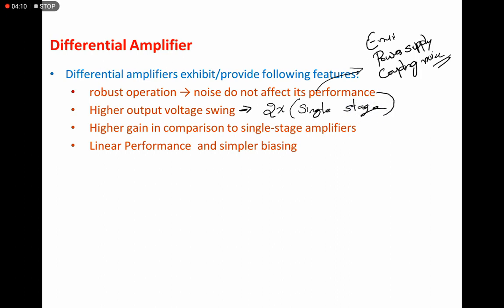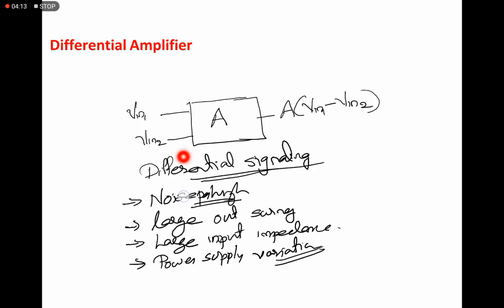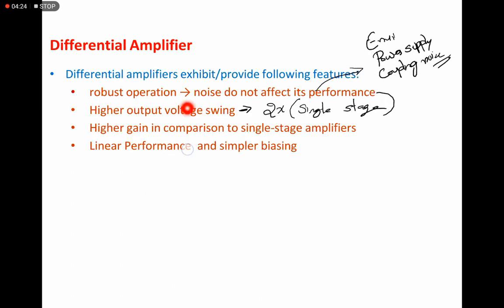Also, the average value of V1 and V2, called the common mode, or the DC level of the input, is rejected in a differential amplifier. Due to the rejection of the common mode signal, it can give a higher output swing and higher gain.